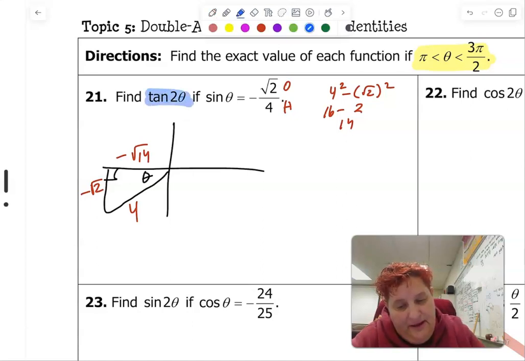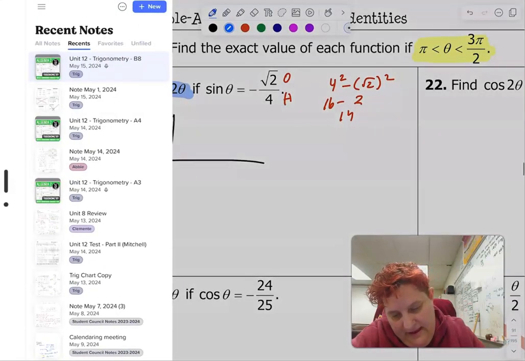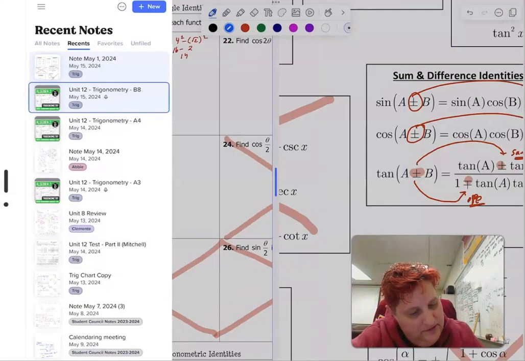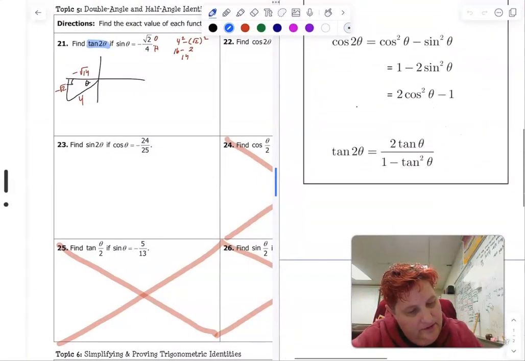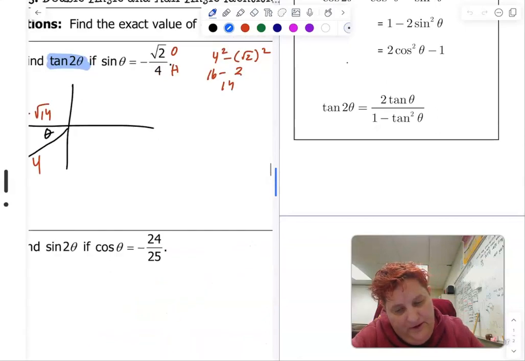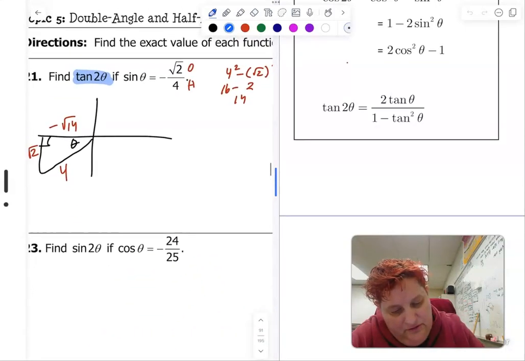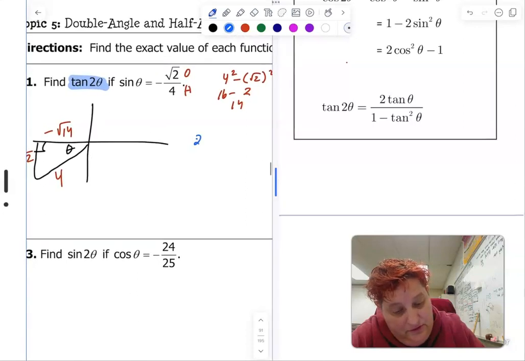I take a look. I need the double angle for tangent formula. When I go and look at that, so now I'm looking at double angle. And tangent is right down here, okay? And it goes 2 tangent over 1 minus tangent squared.